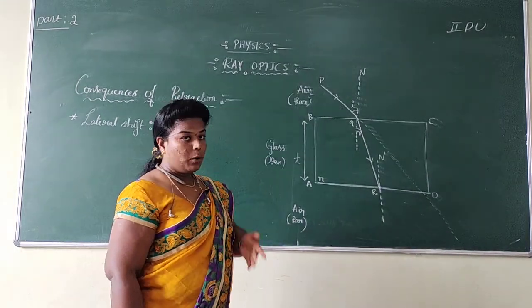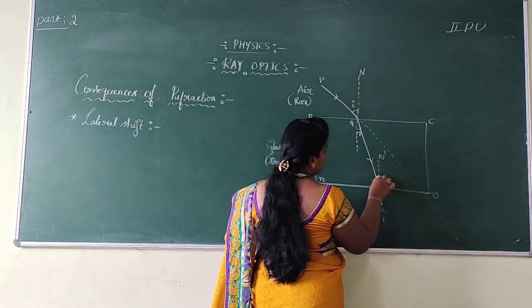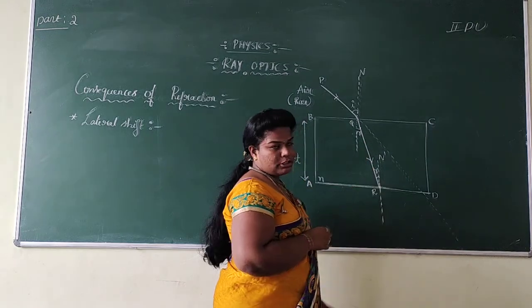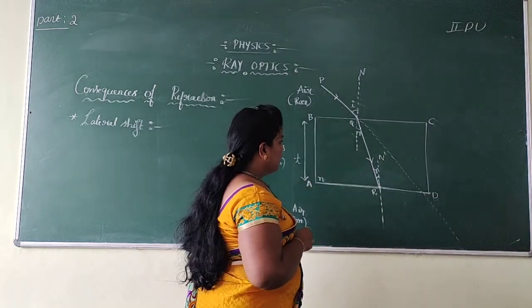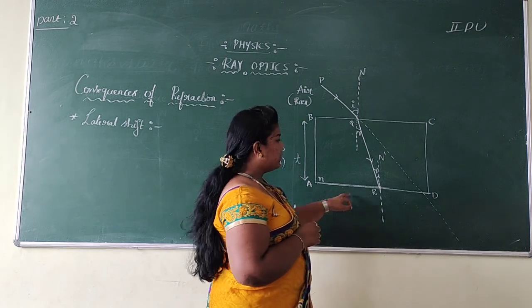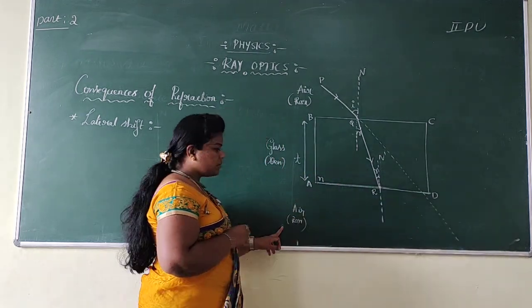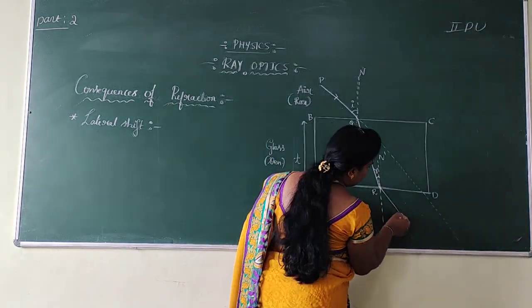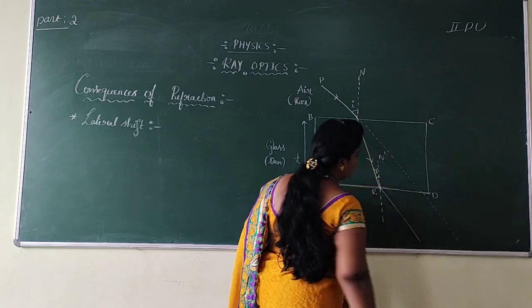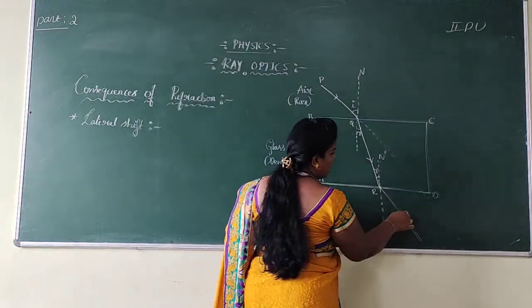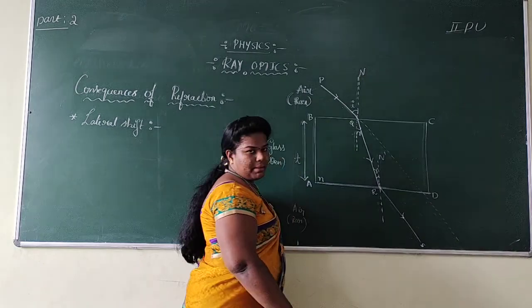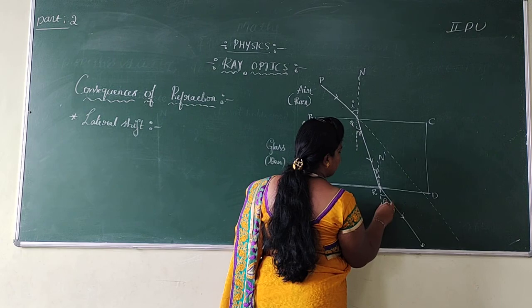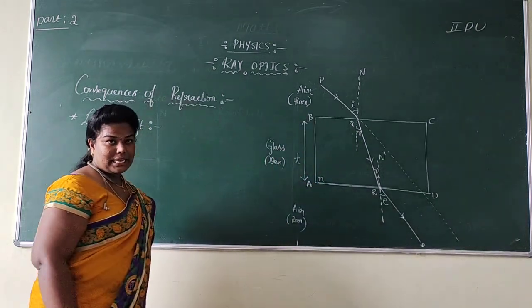The angle here is equal to R itself, according to mathematics. Now the ray of light is traveling from a denser medium to a rarer medium, so it should shift away from the normal. So RS is the emergent ray, and the angle between this normal and the emergent ray is the angle of emergence E.